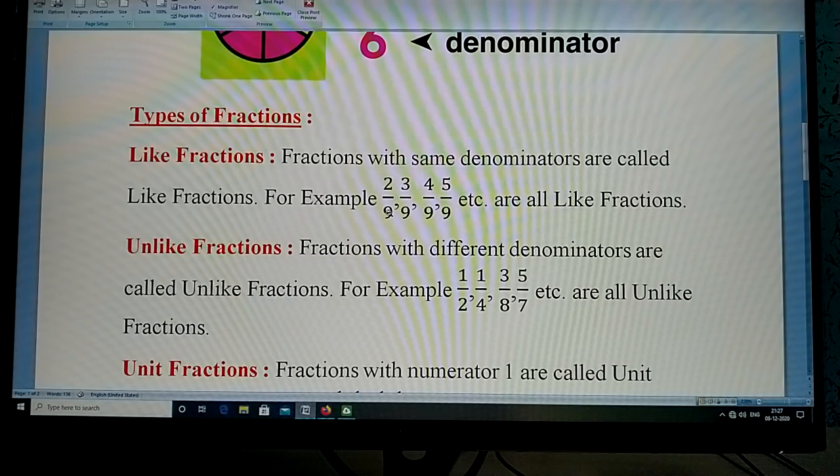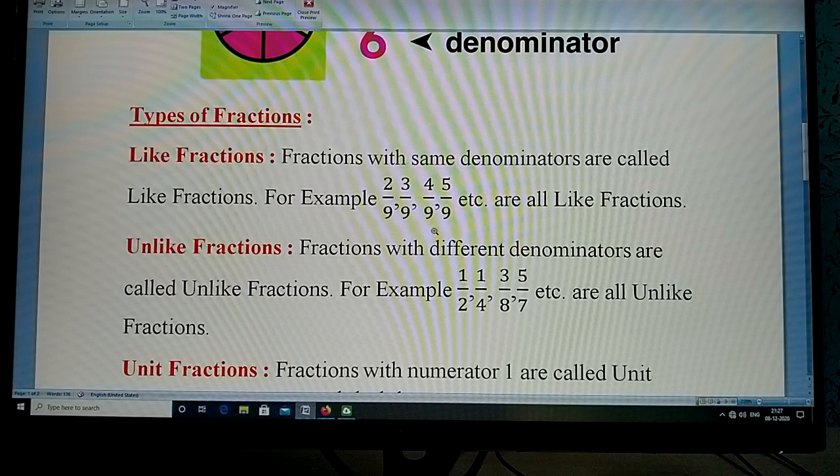What you can see here clearly is that in like fractions the denominators are always equal. You can see here the denominator is 9 in every case. So you just have to see if the denominators are equal or not. If they are, then it is a like fraction. If they are not, then it is not a like fraction.